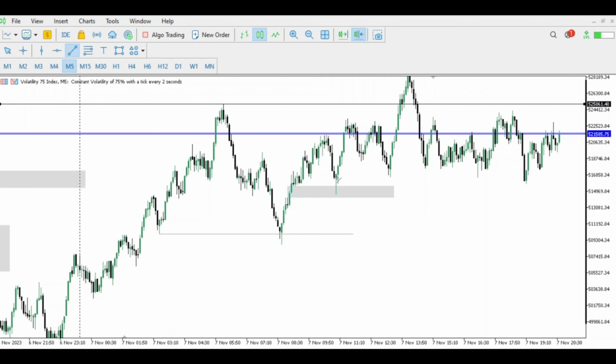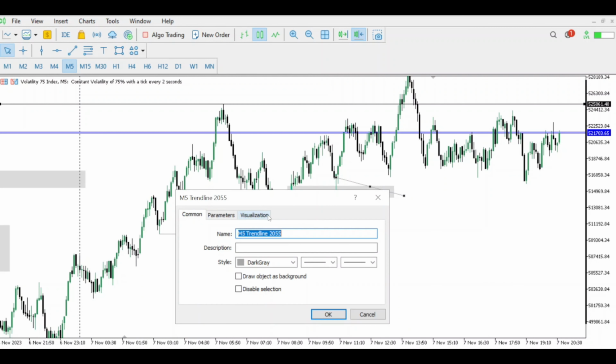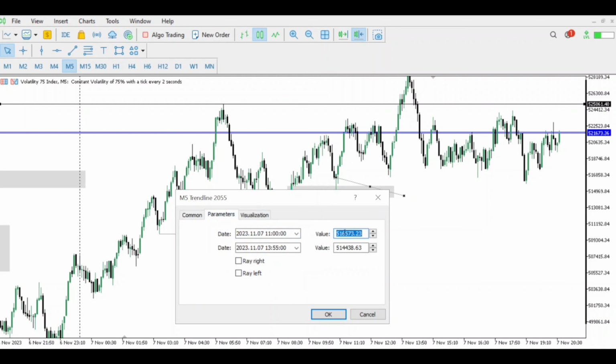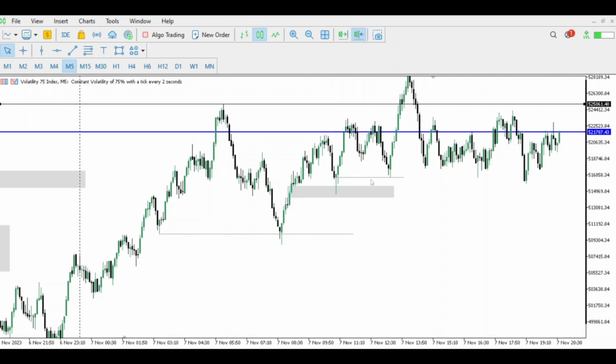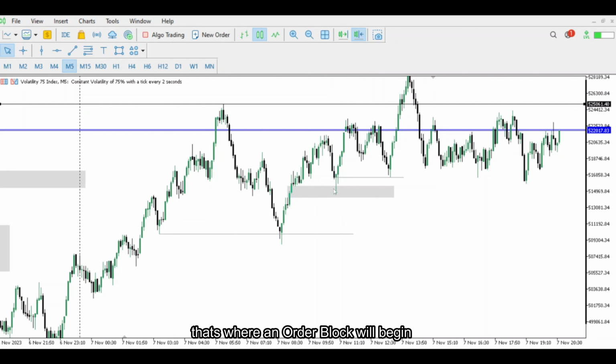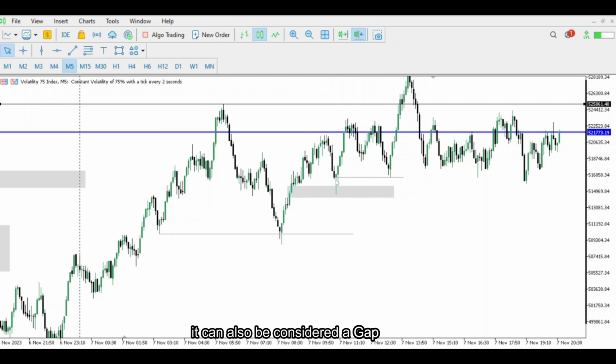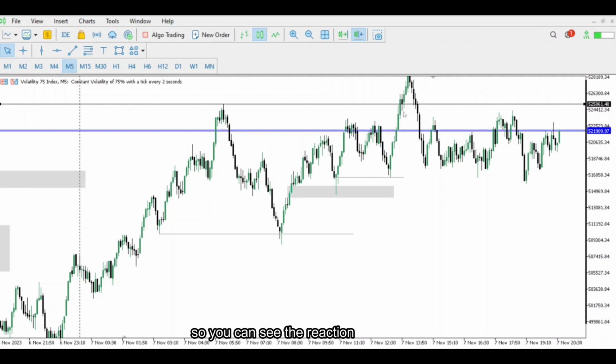So if you can highlight where the wick begins, you can see the accuracy, the reaction from where the wick begins, because on the lower time frame, that's where an order block will begin, because this whole wick can also be considered as a gap. So you can see the reaction towards the buy side liquidity.